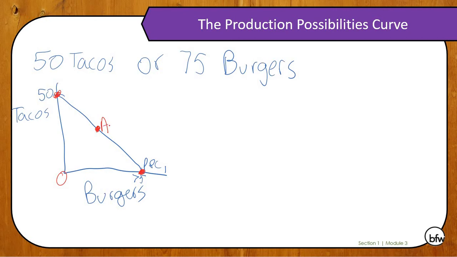We'll call that point A. We're going to draw our dotted lines over to the side, and we're going to have 25 tacos and I guess this would be 37.5 burgers. So that's exactly what a production possibility curve would look like. We're going to come back to this graph in a minute to talk about efficiency and whatnot.